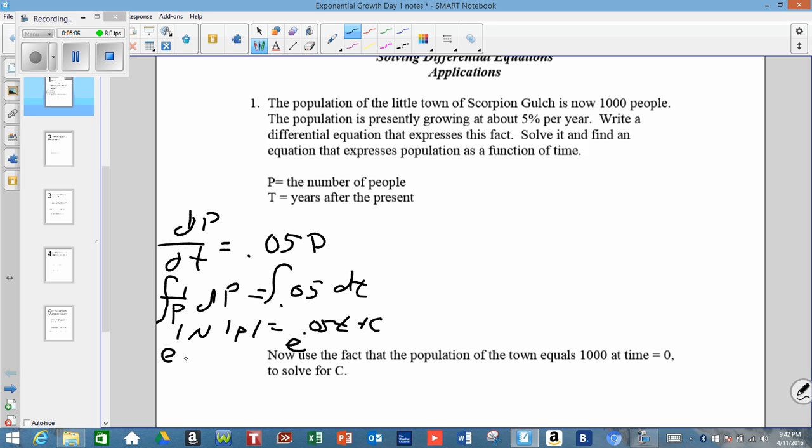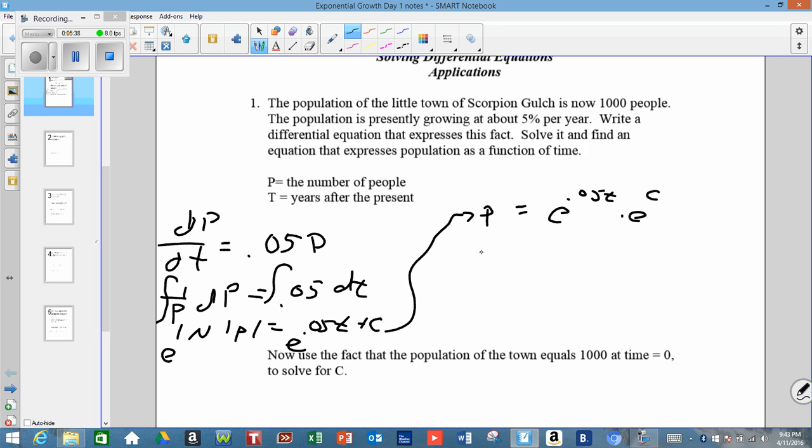So now raising e to the natural log of P gives us P equals e to the 0.05t plus C. Remember that that's going to be e to the 0.05t times e to the C, using that property that we talked about. But remember that this e to the C right here is the same thing as just another constant.